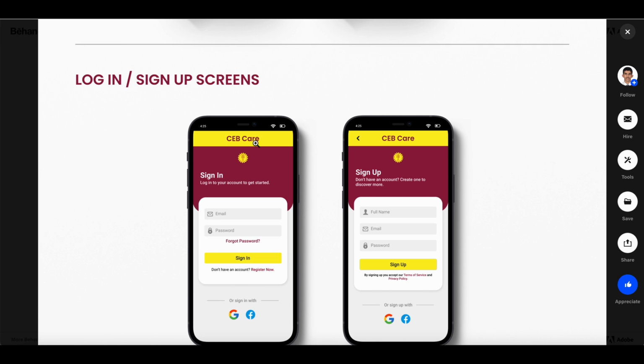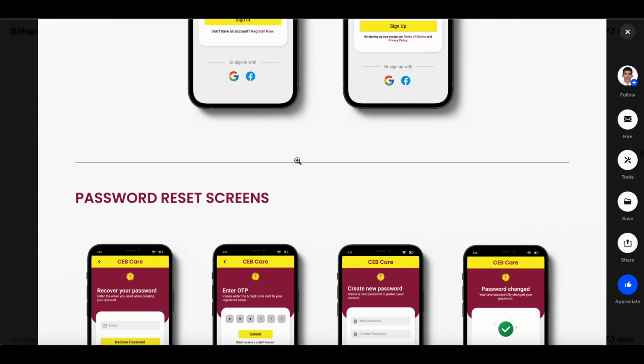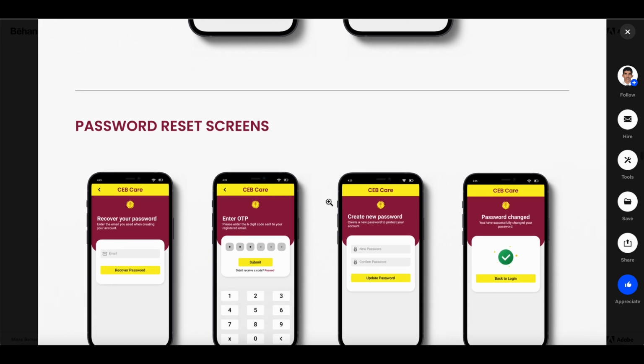So give the focus to them. And if the login and onboarding and password resets are really important, which you identified as an issue in the application at the beginning, then you could show them. Otherwise, you don't really need to show them.